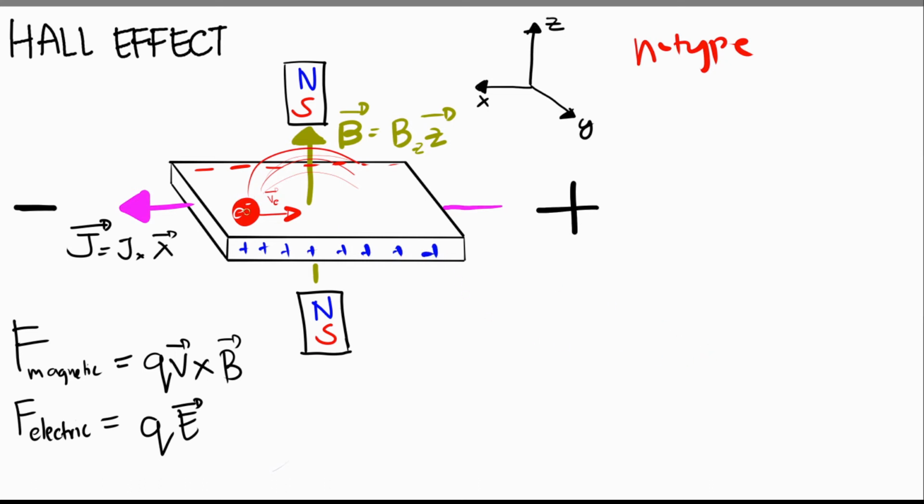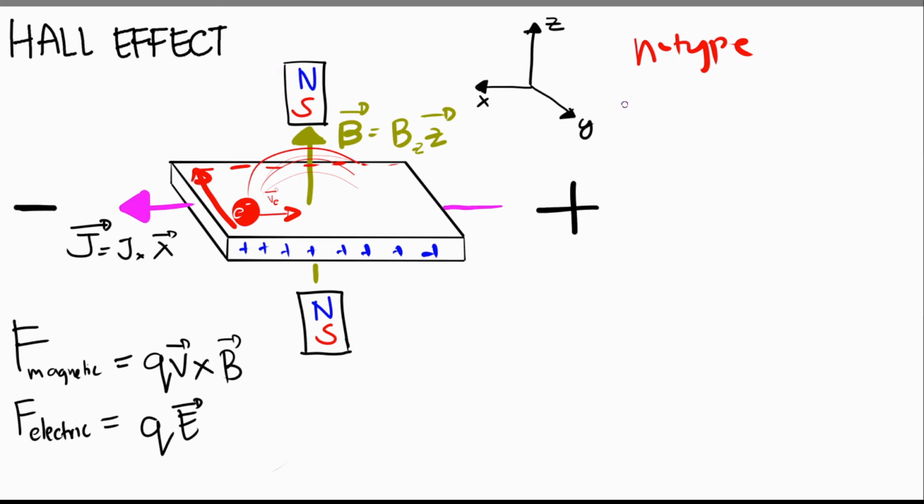Your electrons curl like this because they are negatively charged: Q negative times V cross B. Then you would have an electric field going from positive to negative, so the direction of the whole electric field is reversed.